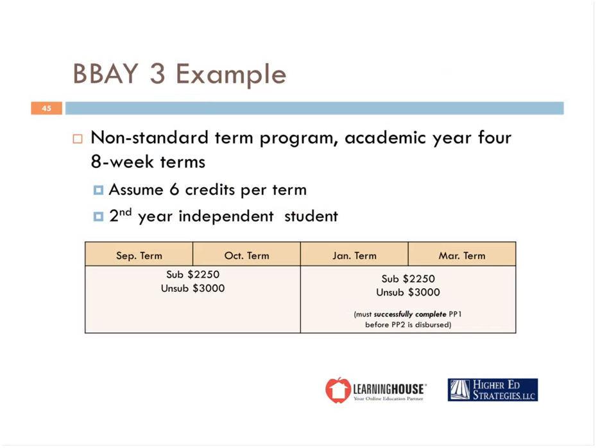This is a second-year independent student, and you can see how the aid is dispersed into 2 disbursements, and that the student must successfully complete the first payment period before the second payment period can be dispersed. So this actually is offering the least amount of flexibility, or least amount of disbursements allowed, for dispersing the direct loans.